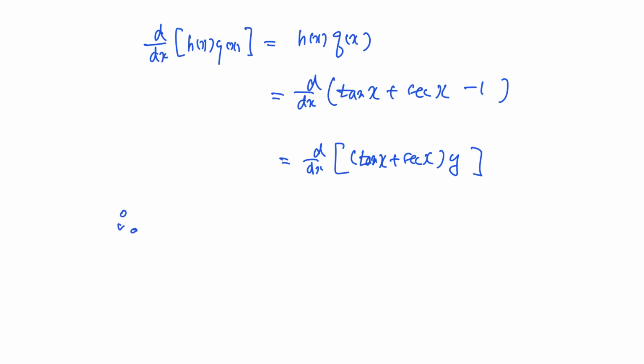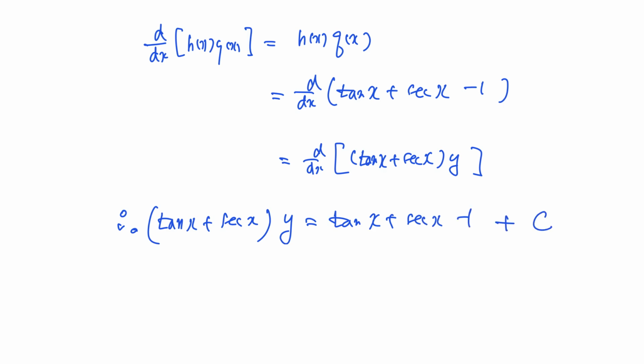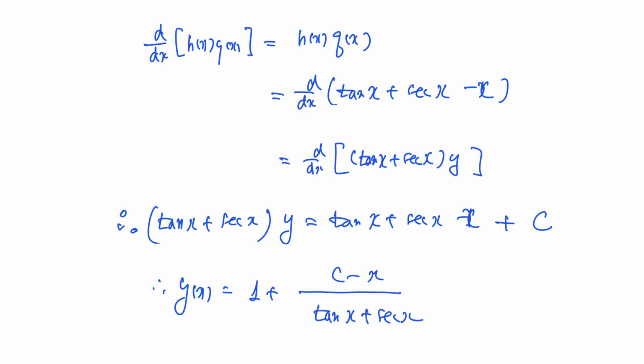Therefore, the solution is given by tangent x plus secant x times y is given by tangent x plus secant x minus x plus c. Therefore, y(x) is given by 1 plus c minus x over tangent x plus secant x.